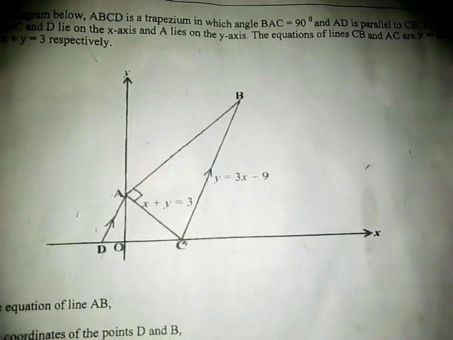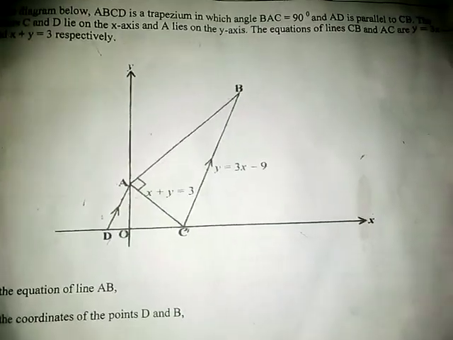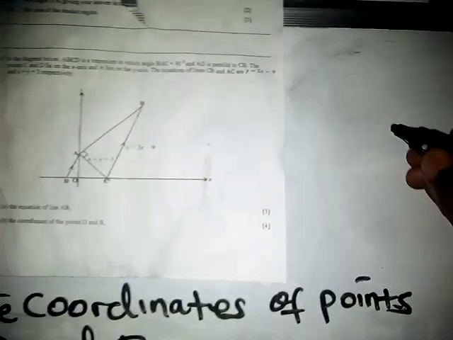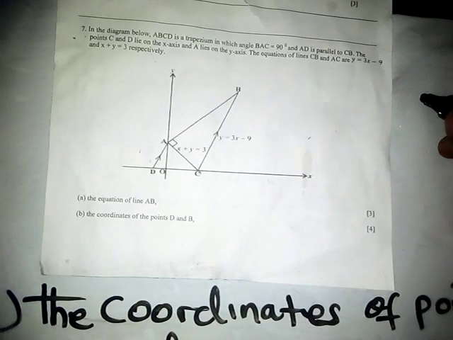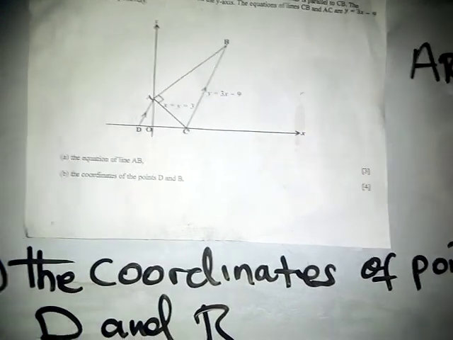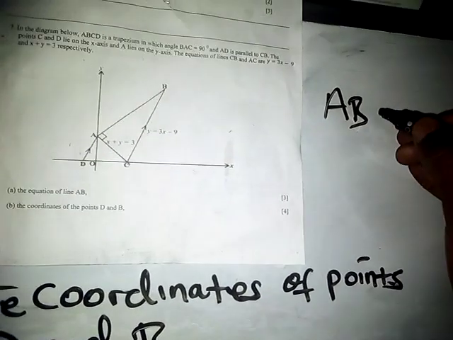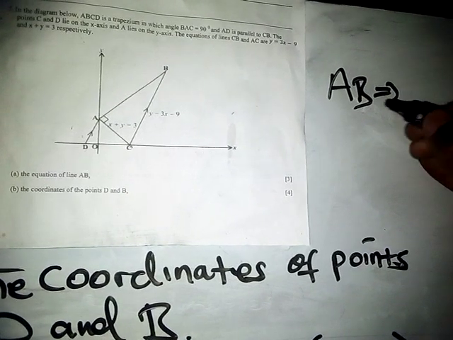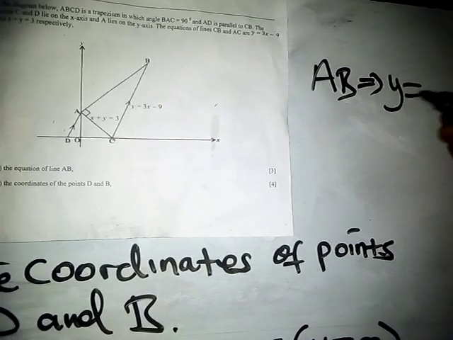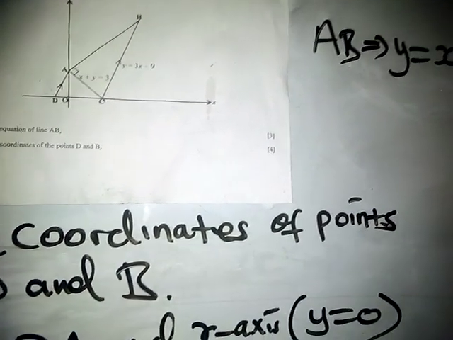Now we need to know both lines. Line AB, we previously found, is y equals x plus 3.